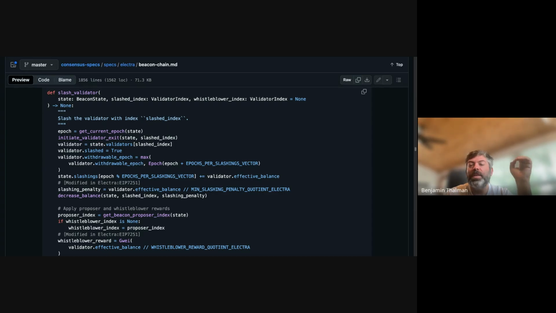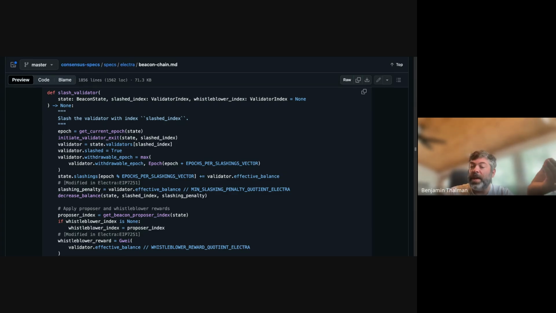One thing to note is that although the initial slashing penalty is decreased post-Pectra, you still incur a higher penalty if you have a higher effective balance. That doesn't change. So if you have a validator with 32 ETH and it's slashed, the penalty is around 0.008 ETH.